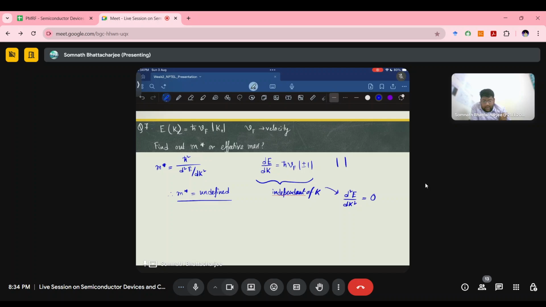So even if we get -1, it would have been 1 anyways. So this is your question, right? It should be like this. It can be plus or -1. Even with that, it is independent of k. So if we are differentiating with respect to k, it would be 0. So the value would be undefined.